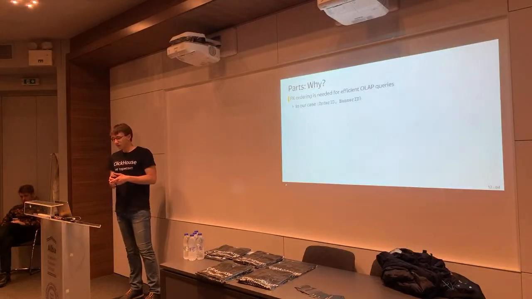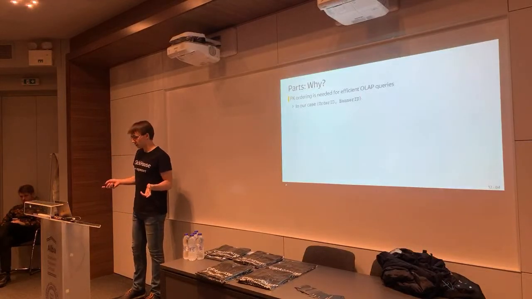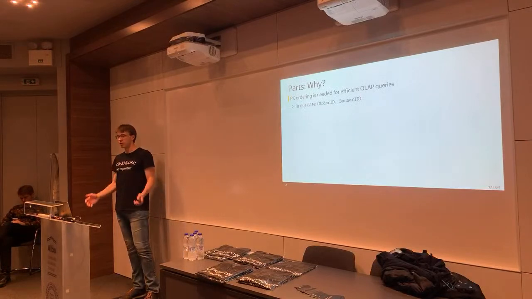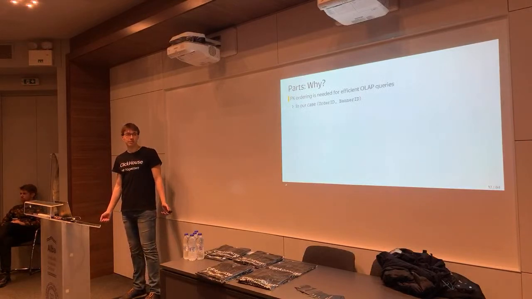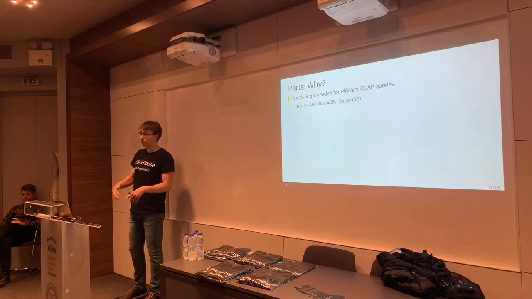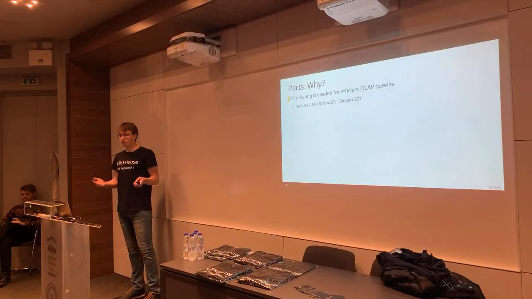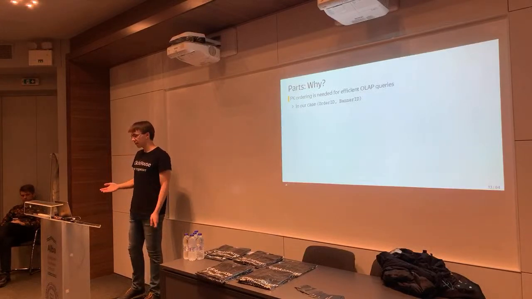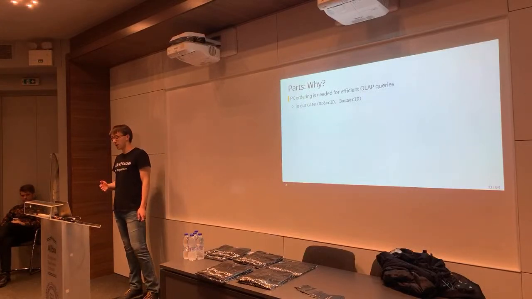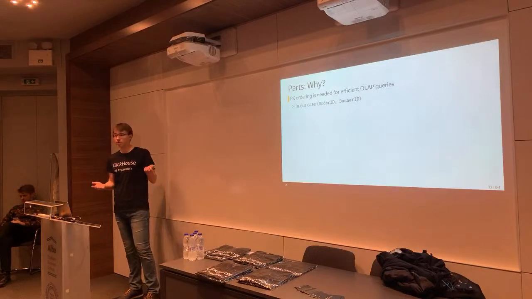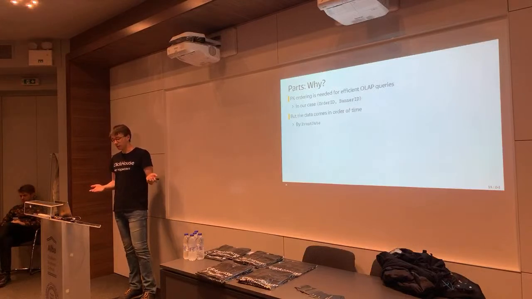Okay, but why do we need these parts? First of all, we want to execute our queries as fast as possible and in true analytical fashion, utilizing all allowed resources. So, to execute them faster, we need our data to be ordered in primary key order, and in our case, order ID, banner ID. But of course, nobody will insert data into our table in primary key order.